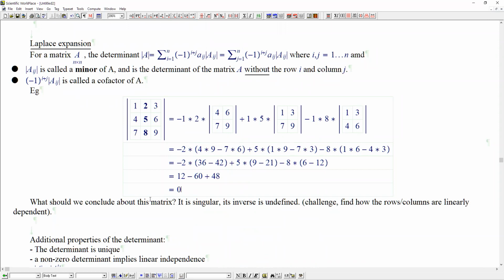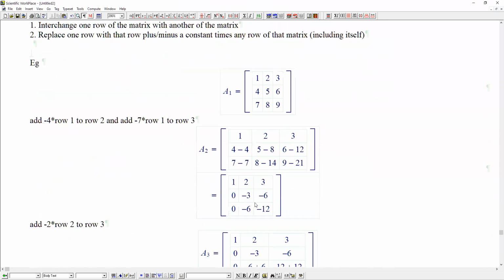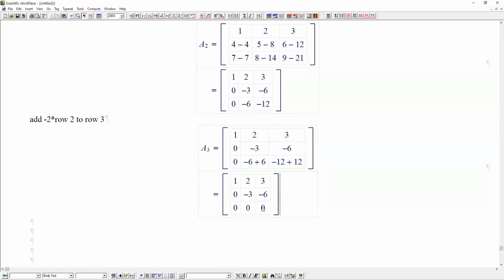So I already know that the inverse is undefined and the matrix is singular. And this is another way in which I see it. So it's exactly the thing I would have gotten if I had tried to solve the system based on the matrix with these coefficients. I would have found that at some point one equation goes away when I try to eliminate it with the other ones.